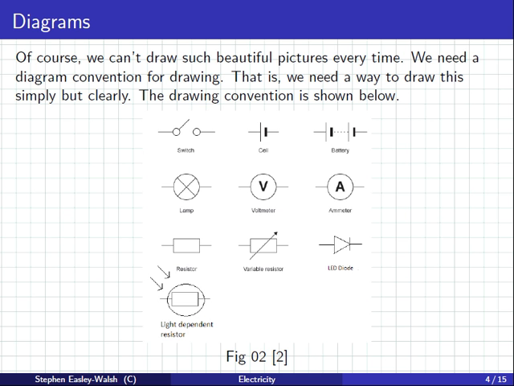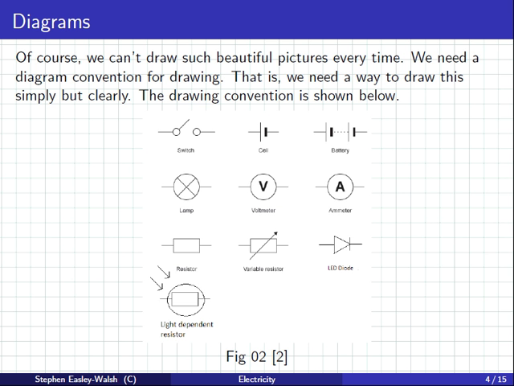What was the LED diode? D-I-O-D-E. Yeah, take your time.